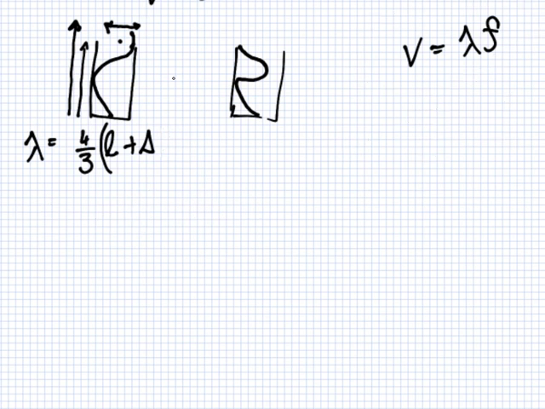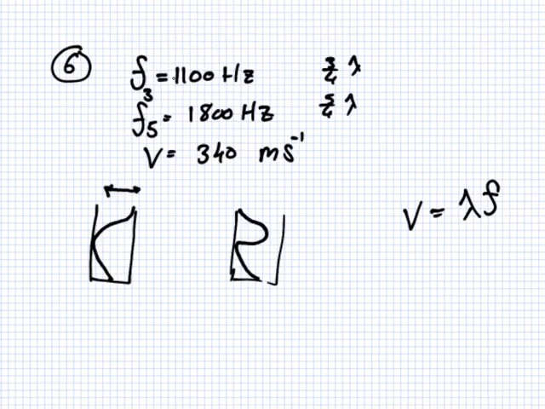Let's go back in time again. Okay, go ahead, what were you saying, Monica? Lambda is 4 over 3 length of the wave, of the pipe. Of the wave. Why do you call it L in the picture? L is the length of the pipe.